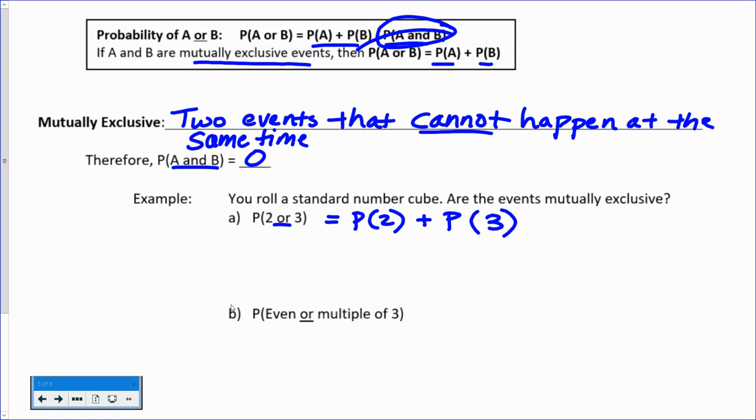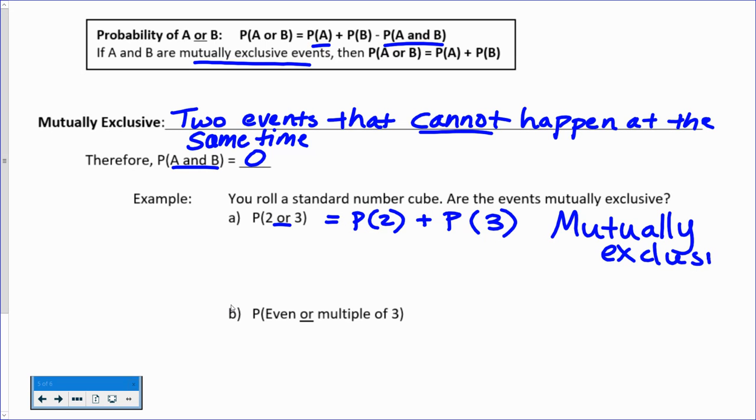And then you need to think about, would we be able to find the probability of A and B? Can I roll a 2 and a 3 at the same time? No, I cannot roll it at the same time. So we're not going to be able to find that probability. These events are mutually exclusive. They are events that cannot happen at the same time. They are exclusive of one another.